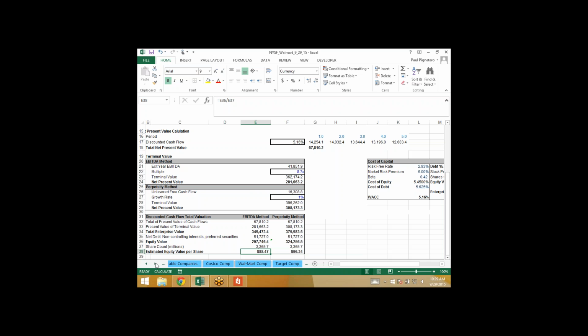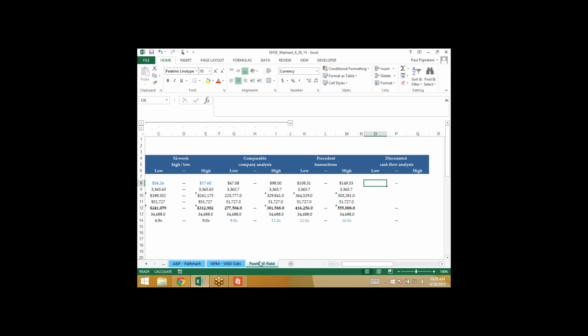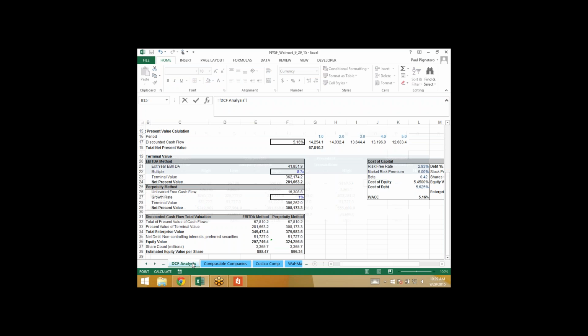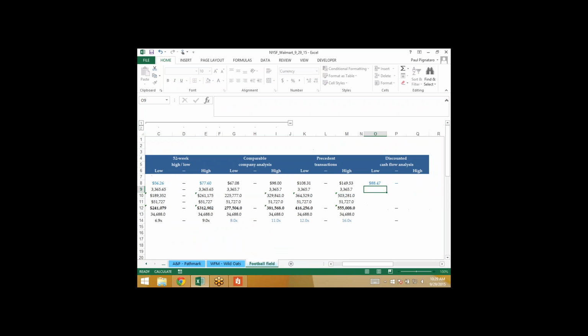In the football field, the low price is based on the output from the low end of the DCF analysis, and the high price from the high end of the DCF analysis.